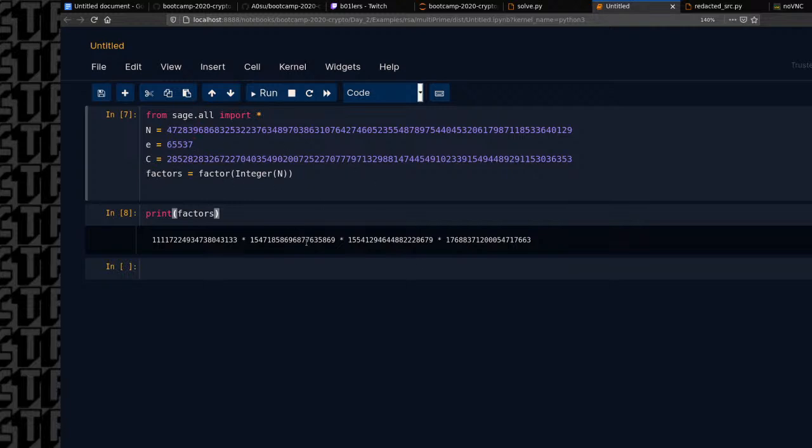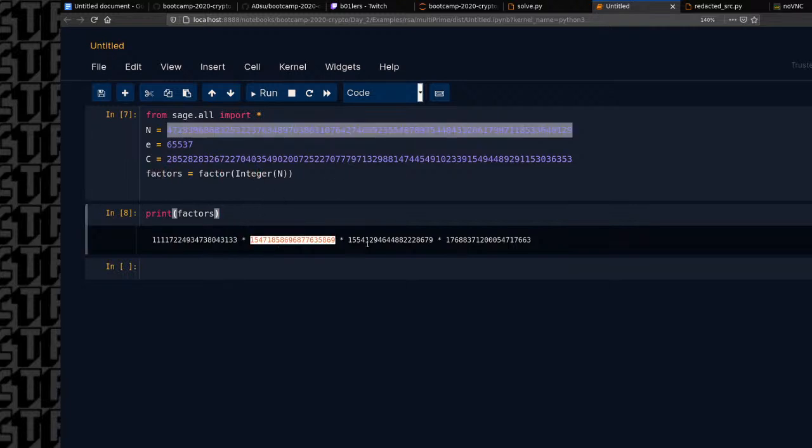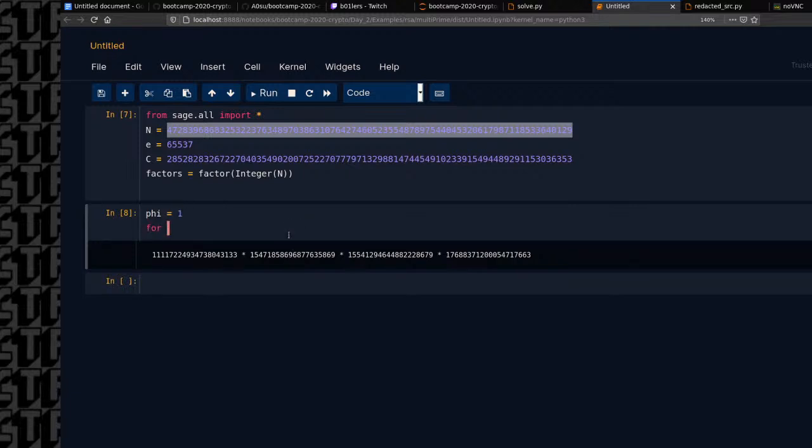I override it or something, but so we call this, we factor this value, obtaining these four. Remember we used four primes in the generation of it. So assuming that these are correct, we can check that. What we'll do from here is for each prime we want to calculate our value of phi.